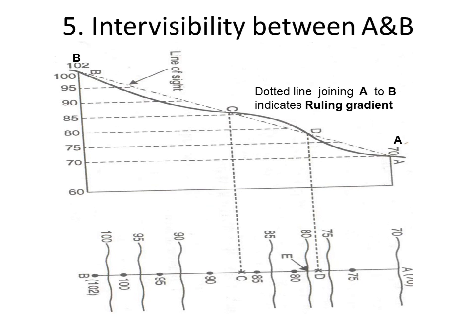Similarly, by knowing the contour map, we can ascertain whether points A and B are intervisible from each other or not. For that we require the contour map, which is shown in the slide below.